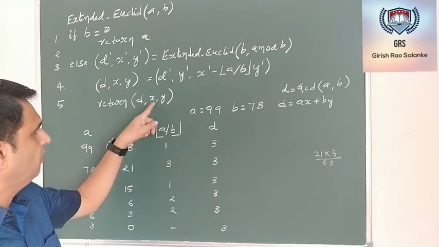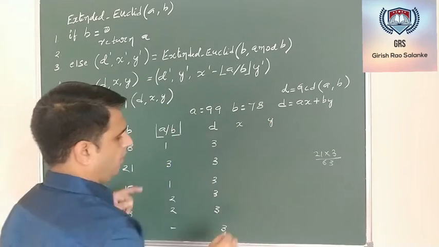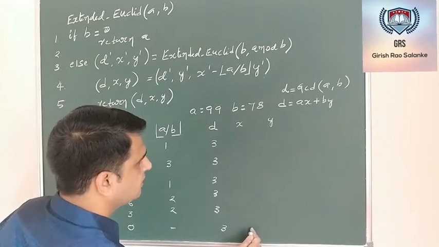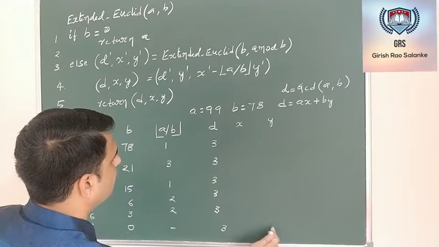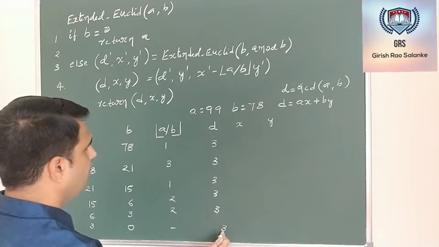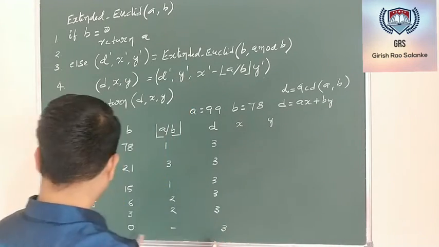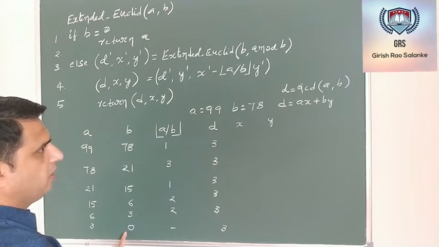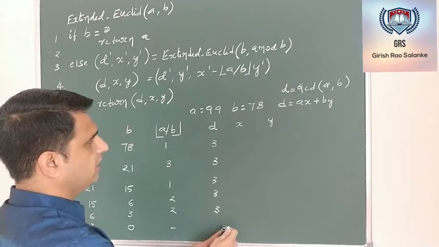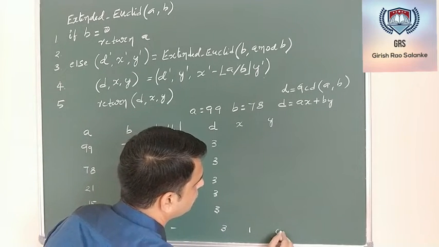Now with this it also returns x and y. Coming to the values of x and y in this last step, I know that d value is 3. To have d equal to ax plus by, where a is 3 and b is 0, to get this d value as 3, obviously x needs to be 1 and y needs to be 0.